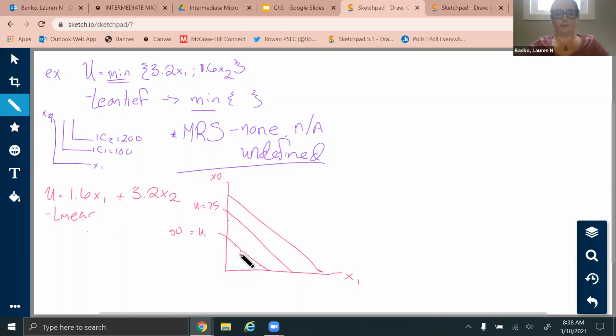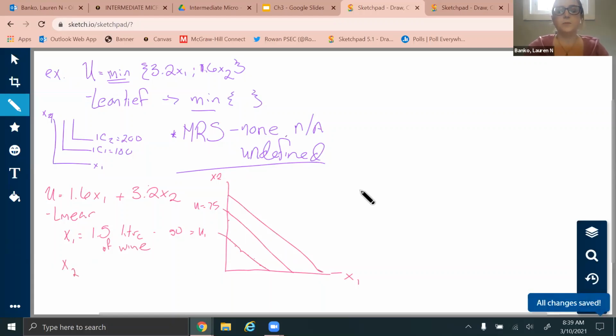So x1 here, since it has this lower coefficient, this might be, say, a 1.5 liter of wine.